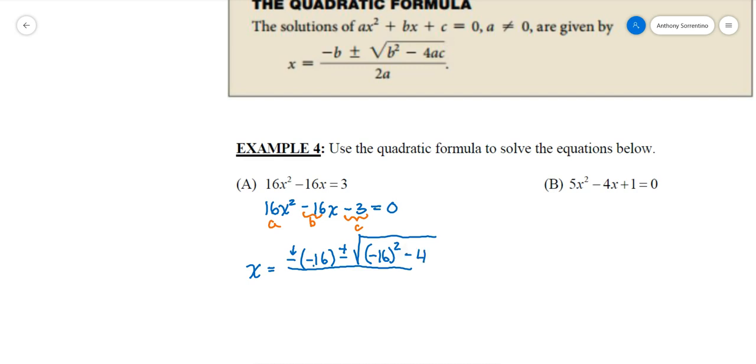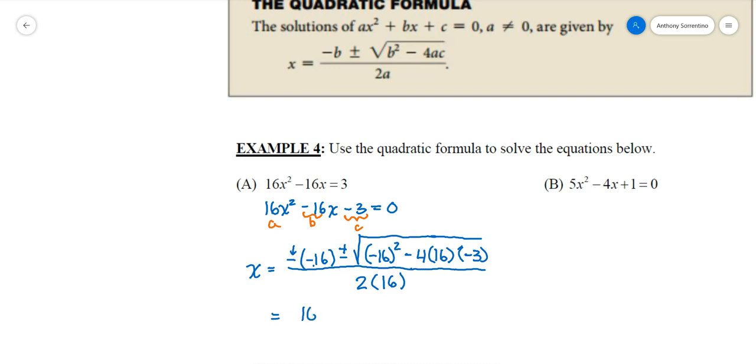Minus 4 times A was 16, times C, which is a negative 3, over 2 times 16. Again, sign errors are a big thing that students often make mistakes with on this. So I would definitely say show your substitution so that you make sure you have this right.